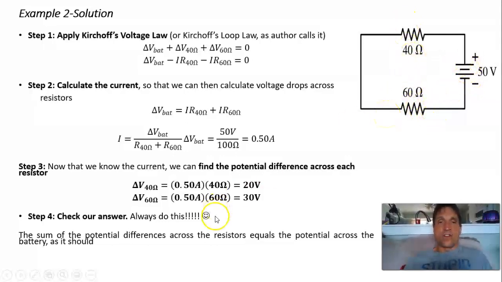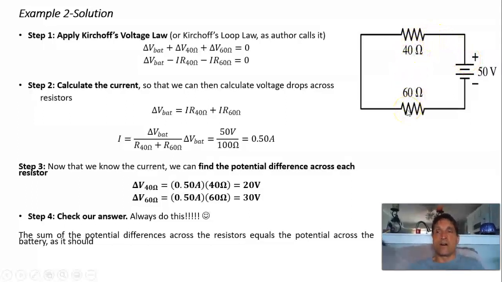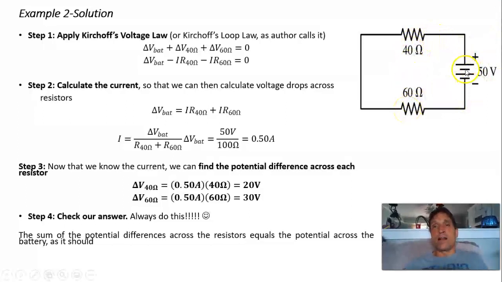And so the sum of the potential differences gained in going across the battery must be equal to the sum lost in going across the resistors. Or algebraically, they all have to add up to be 0, right? 50 plus a negative 20, because we're losing 20, plus a negative 30 is 0.